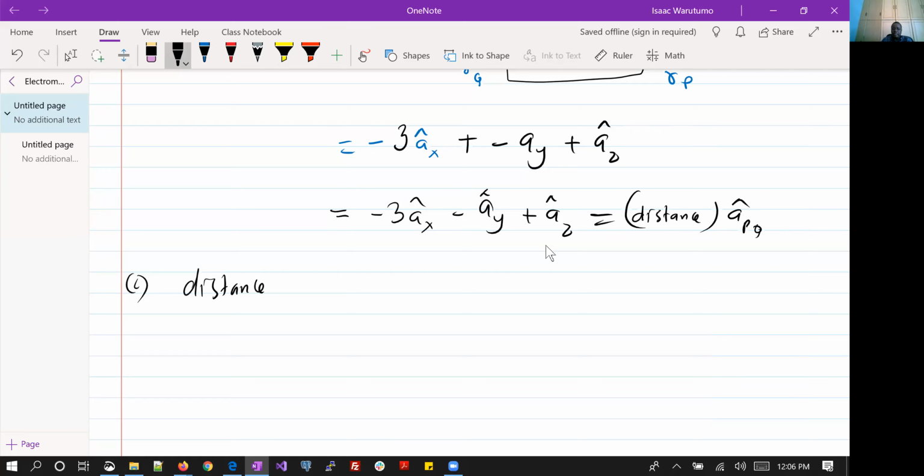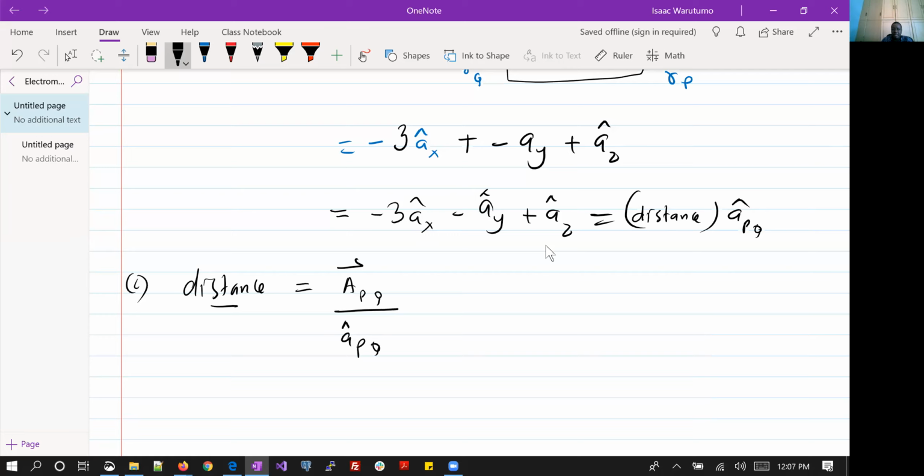So we can simply say that the distance can be found by the vector RPQ divided by the unit vector APQ. That way we get the distance.